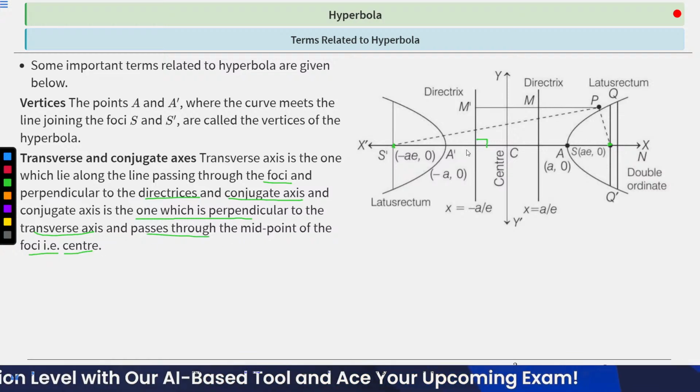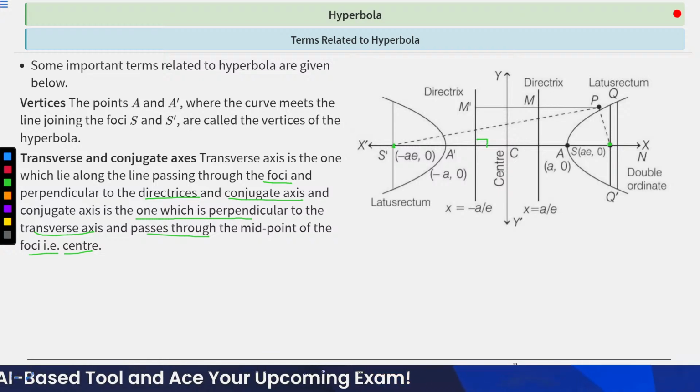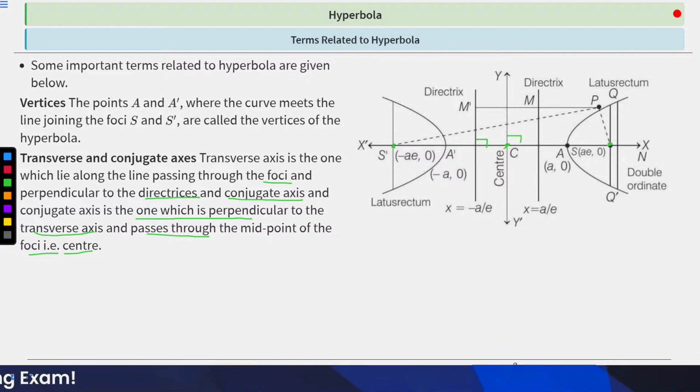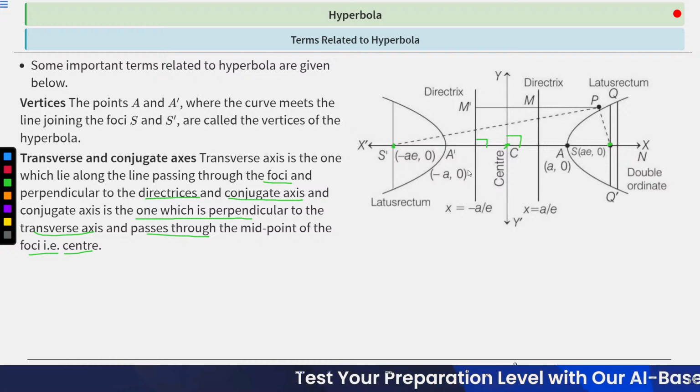So आपका जो foci है S prime S, उसका जो मिड पॉइंट है वो है सेंटर C. तो ट्रांसवर्स के परपेंडिकुलर और C पॉइंट से पास होती हुई जो आपकी लाइन होगी वो आपकी होगी कॉन्जुगेट एक्सिस.